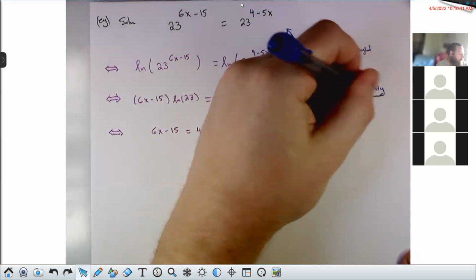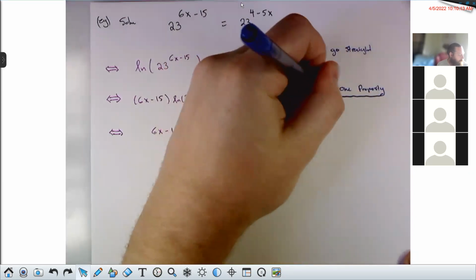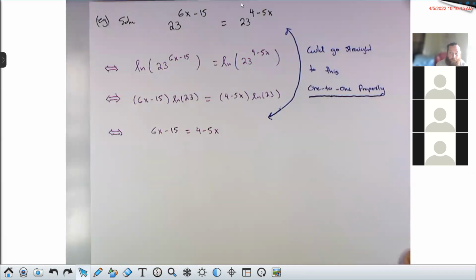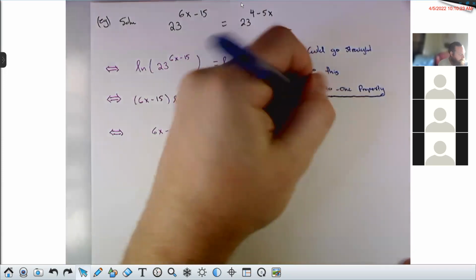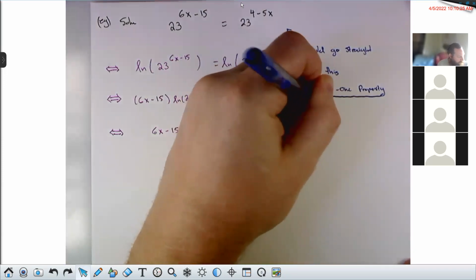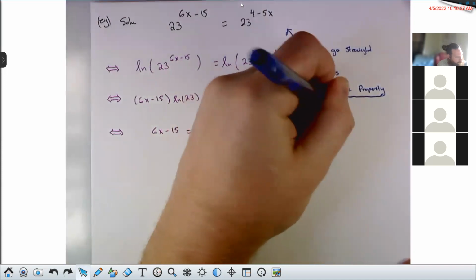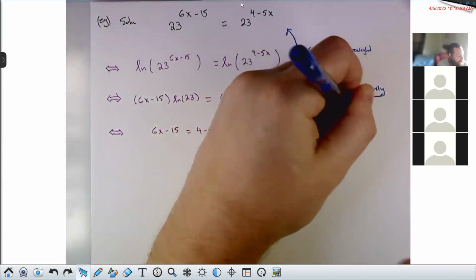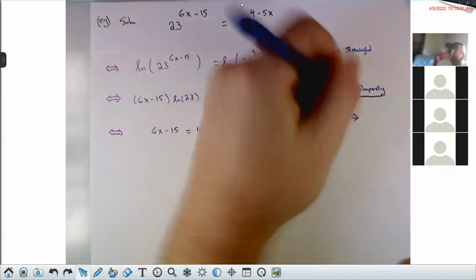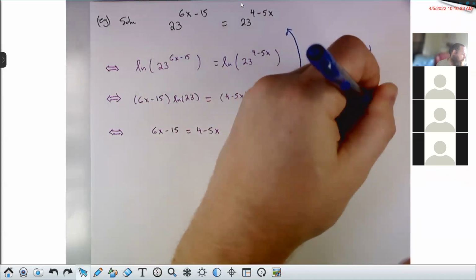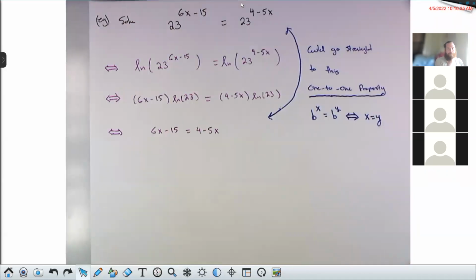And it's a convenient way to solve exponential equations quickly when both sides are just some base raised to some power, and the bases are the same. So if you have b to the x equals b to the y, that can only be true if x is equal to y.